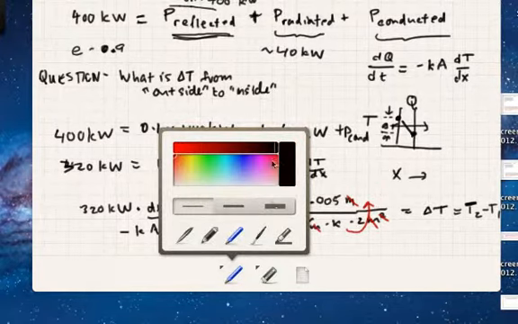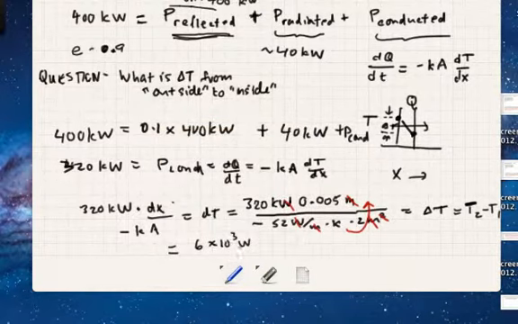So we'll finish this math here. 6,000 watts times 0.005 divided by 2. We crossed out the watts, so this is Kelvin.